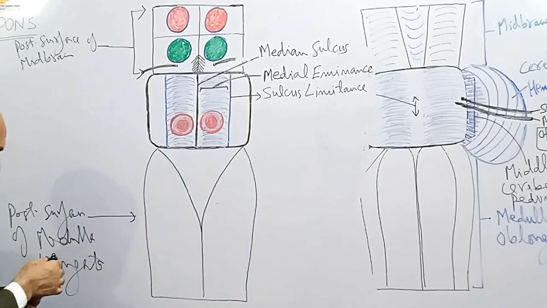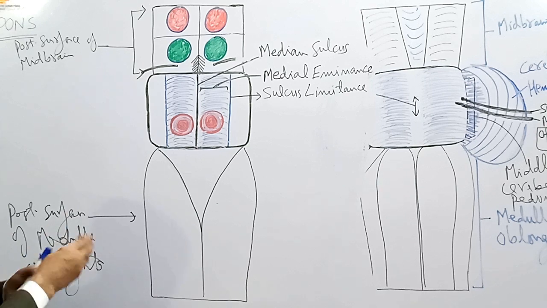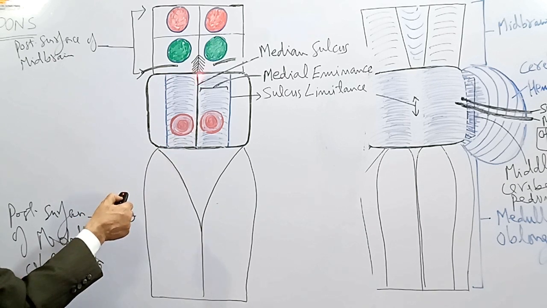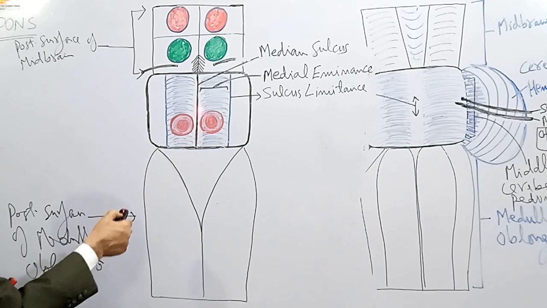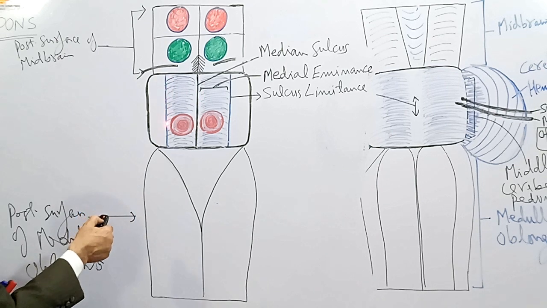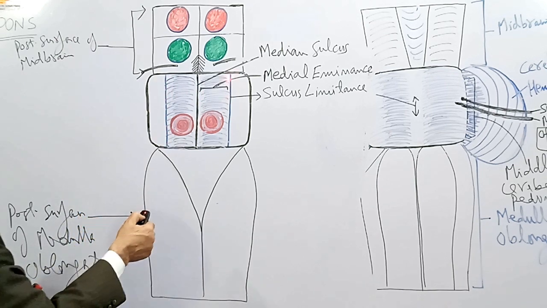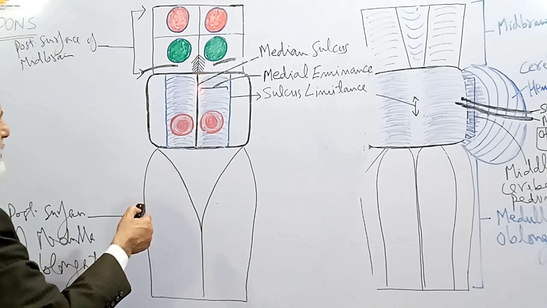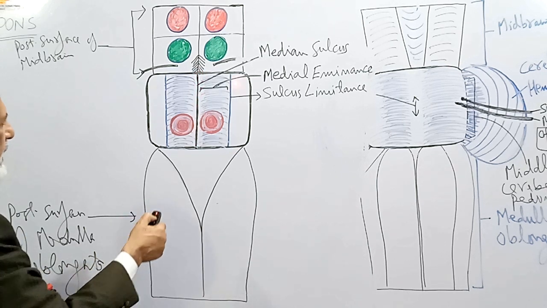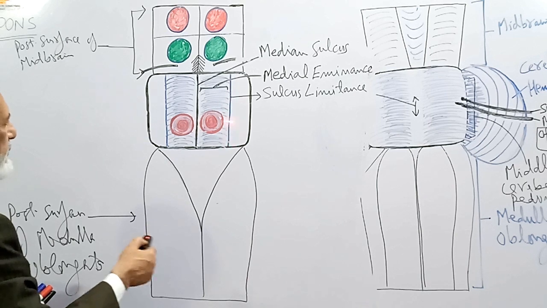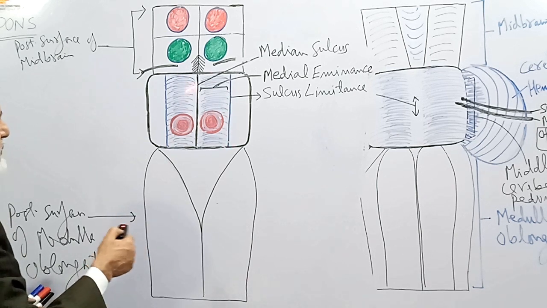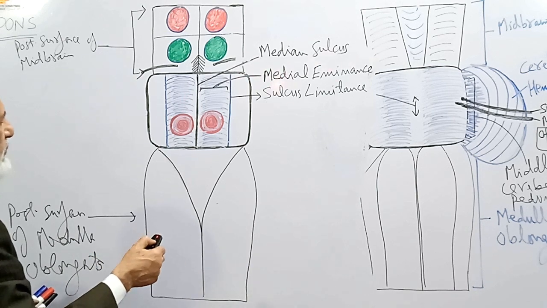Now you can see this is medial eminence of one side, bounded medially by the median sulcus and laterally by the sulcus limitans. Then another medial eminence bounded in the median plane by median sulcus and laterally by the sulcus limitans. These longitudinal raised parts are known as the medial eminences.